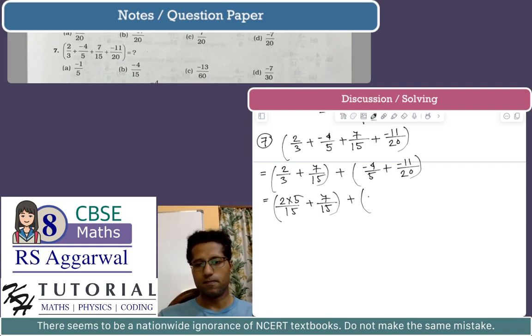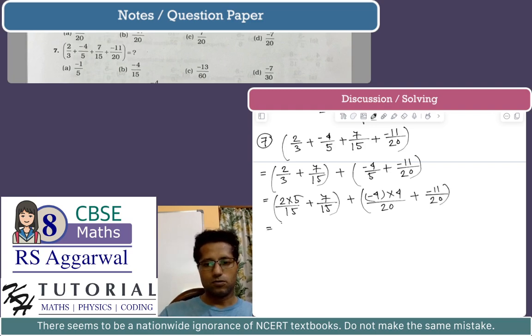So this will become minus 4 into 4 divided by 20 plus minus 11 by 20. So this is 10 plus 7 by 15, and this is minus 16 minus 11 by 20.